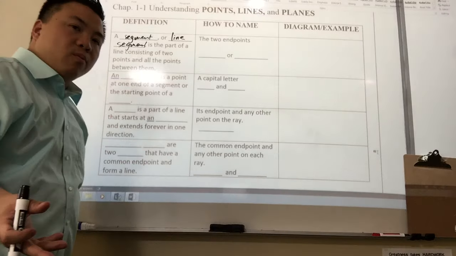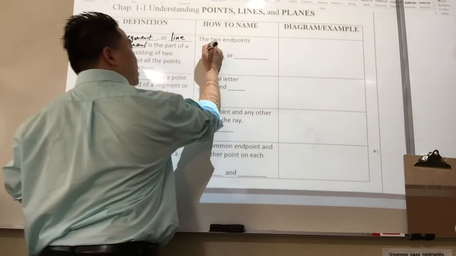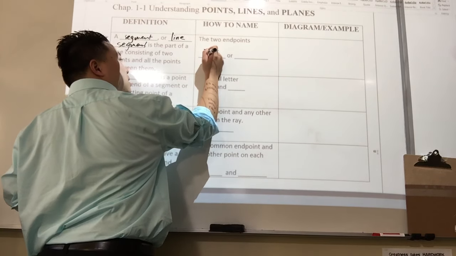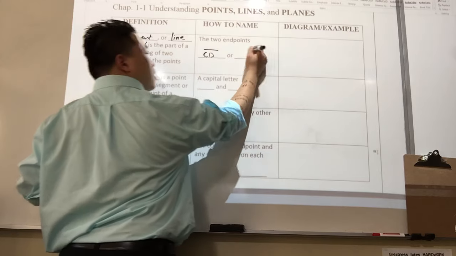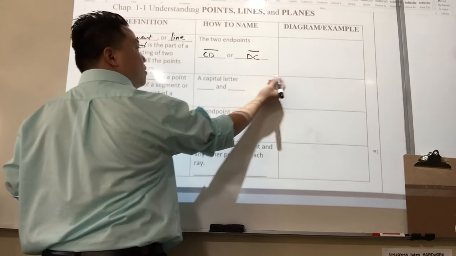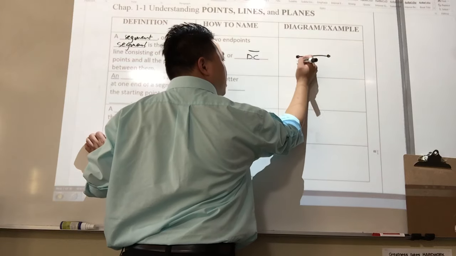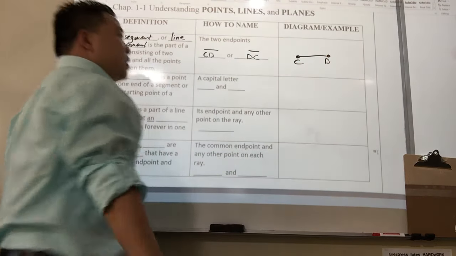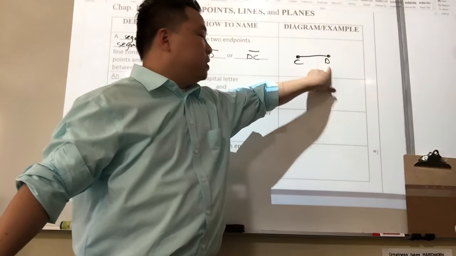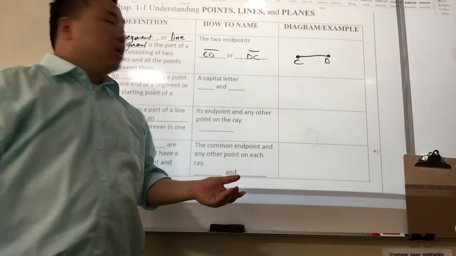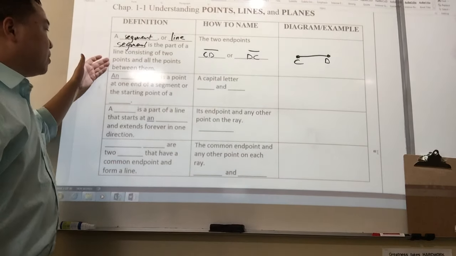Okay? So we call this either line segment CD or line segment DC. So you put a dot, you put a line, put another dot, CD. Either one's fine. So segment DC or CD. So that's a line segment.